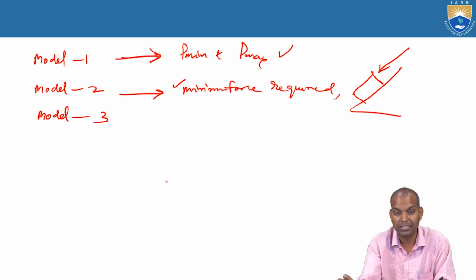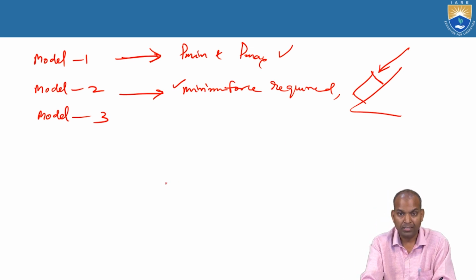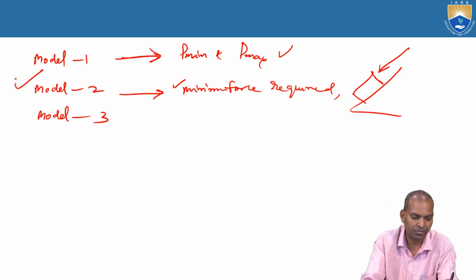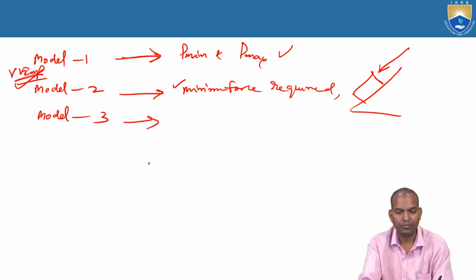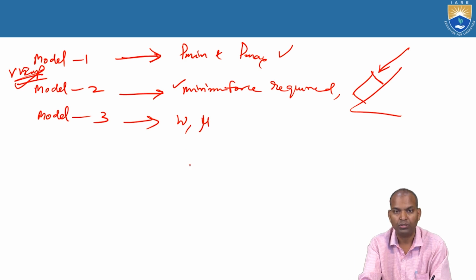To push down, whether it is necessary to push down? It is not necessary, because it is already under motion condition. Maximum force is coming out. So we need the force to hold it back. That is the second model, a very, very important model. And in the third model, model 3, we calculated weight and coefficient of friction mu.